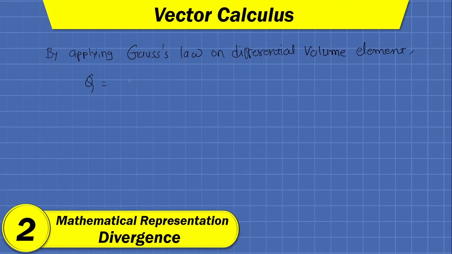We got q enclosed is equal to del dx by del x plus del dy by del y plus del dz by del z multiplied by the amount of differential volume.